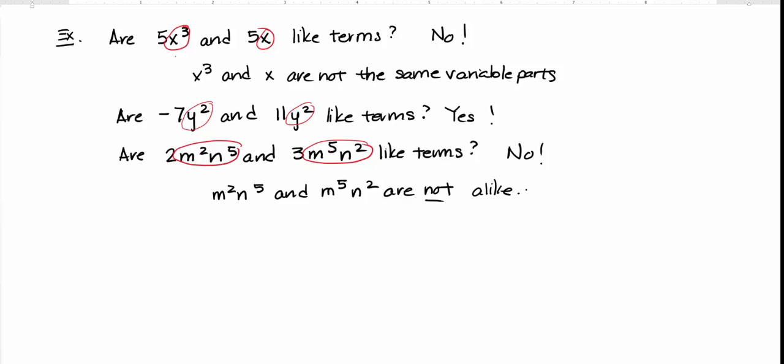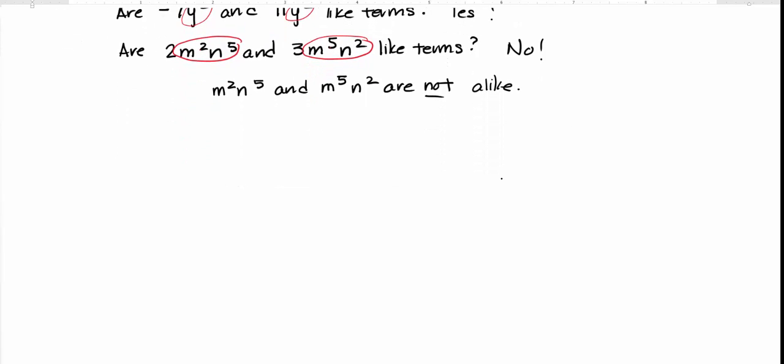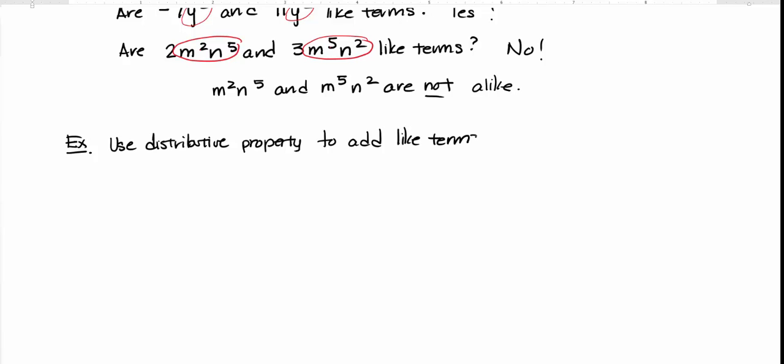Okay, so you have to be very careful about what we identify as a like term. Okay, so let's do a couple examples. So let's use the distributive property to add like terms.